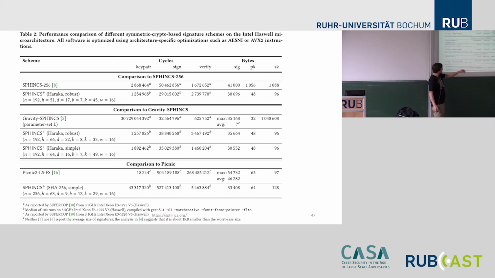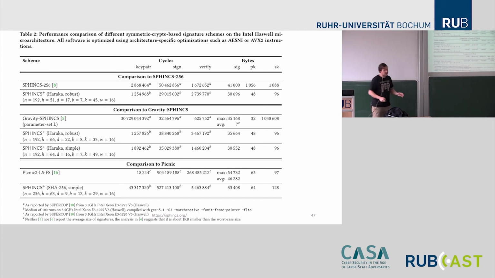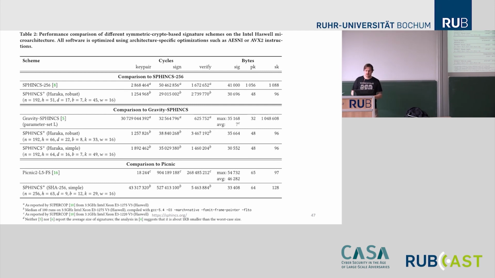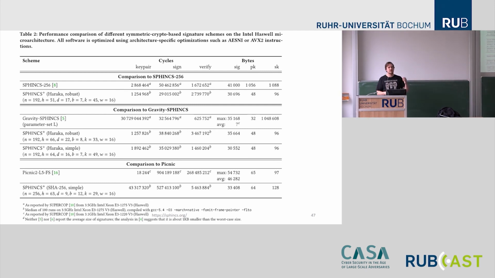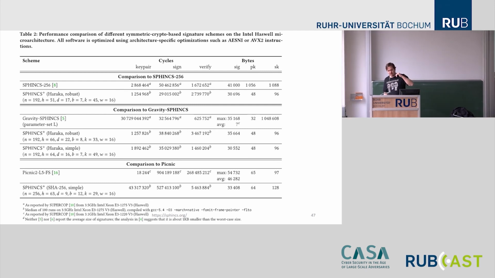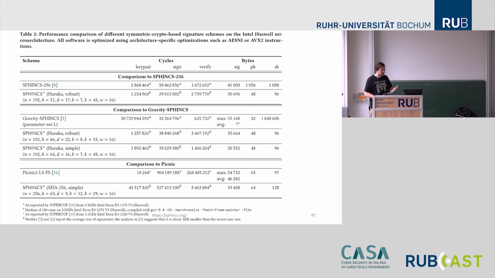The last thing is Picnic. So Picnic is still in the competition. Picnic takes a totally different approach. What they do is they give a zero-knowledge proof about knowing a pre-image of a hash function. And the zero-knowledge proof is using this MPC in your head paradigm.